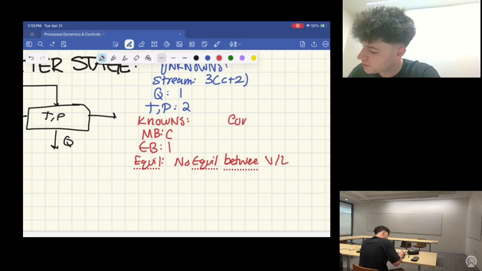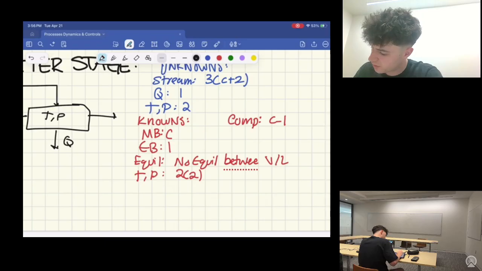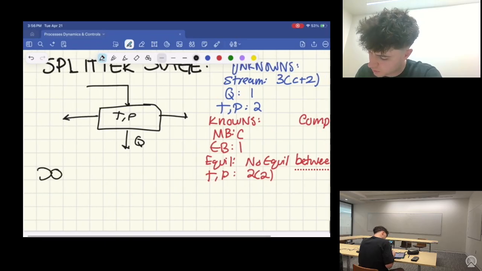So we have a composition, therefore, of C minus 1, and then our TP is going to be equal to 2 times 2.